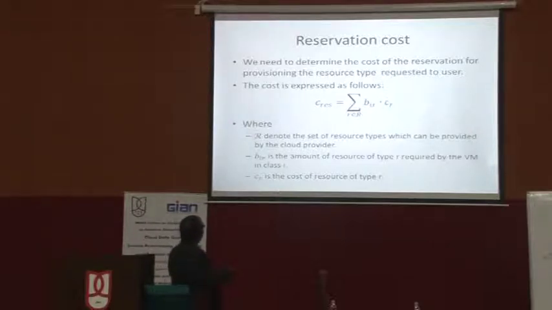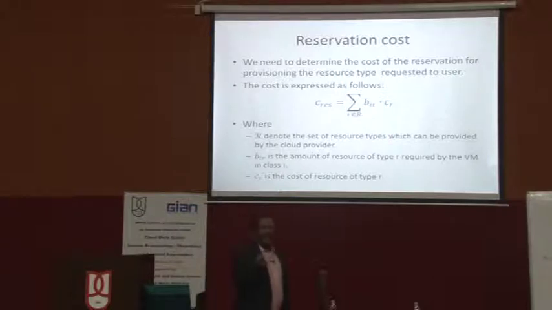Here, the capital R is basically a set of resource types. So we have memory, network, storage, CPU, and all this is in R, capital R. And these are provided by the cloud provider. BIR is the amount of resources of type R from here required by the virtual machine in class I. So if you use virtual machines, for example, the classes are small, large, big, extra big.